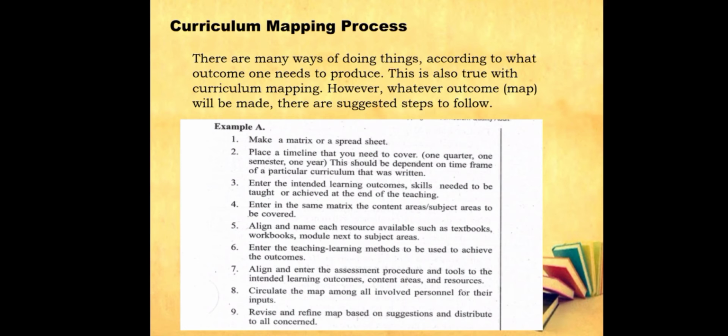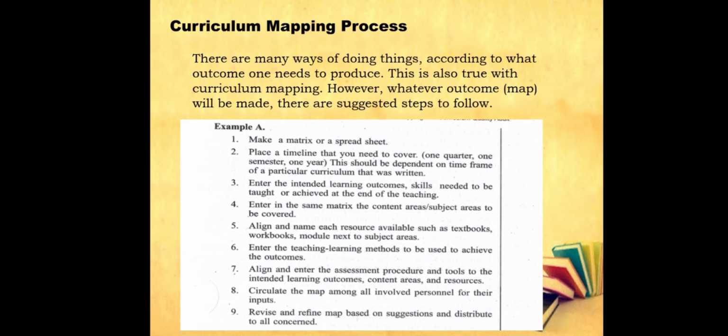Make a matrix or a spreadsheet. 2. Place a timeline that you need to cover: 1 quarter, 1 semester, or 1 year. This should be dependent on the time frame of a particular curriculum that was written.